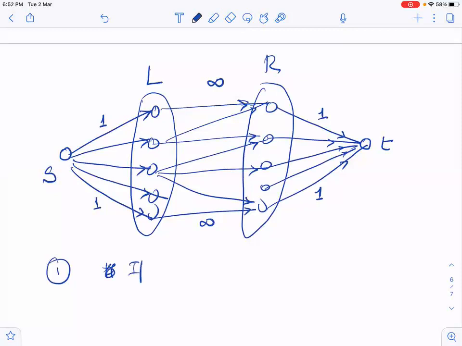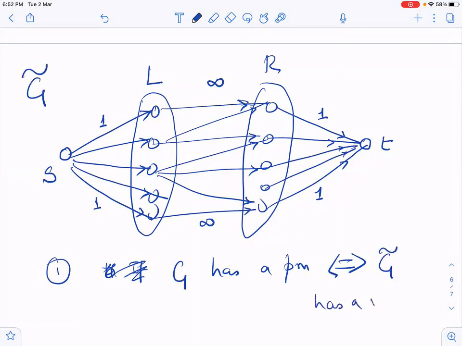G has a perfect matching if and only if this new graph, let's call it G tilde, has a max flow of size |L|. Of course, I'm assuming that the size of R equals the size of L.